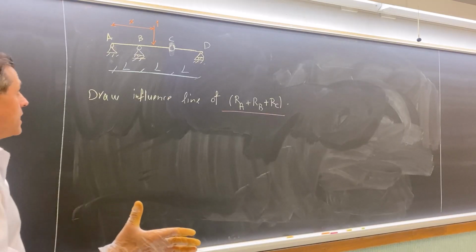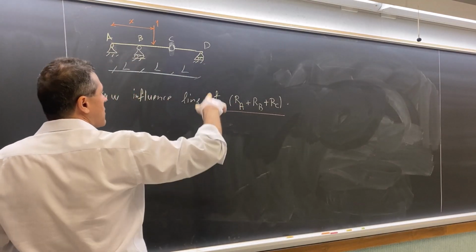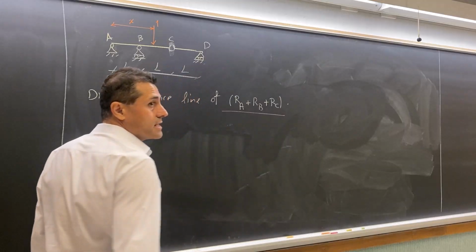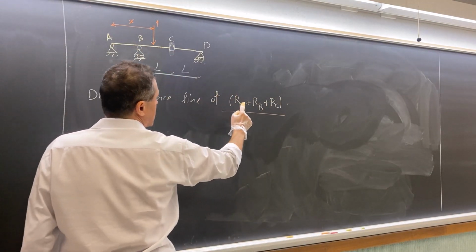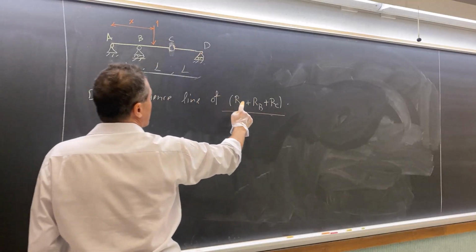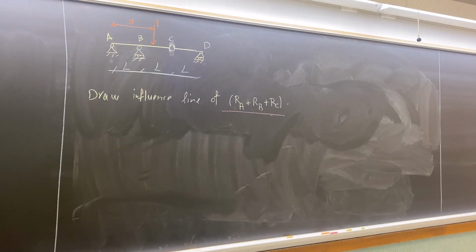So Adrian said, I put a unit load here, I find RA, then I find RB, then I find RC. 3 steps. Then he said, I put it here, again I find these 3. I put it here, I find these 3. So it is 12 steps, but you just have 1 minute during an FE exam.